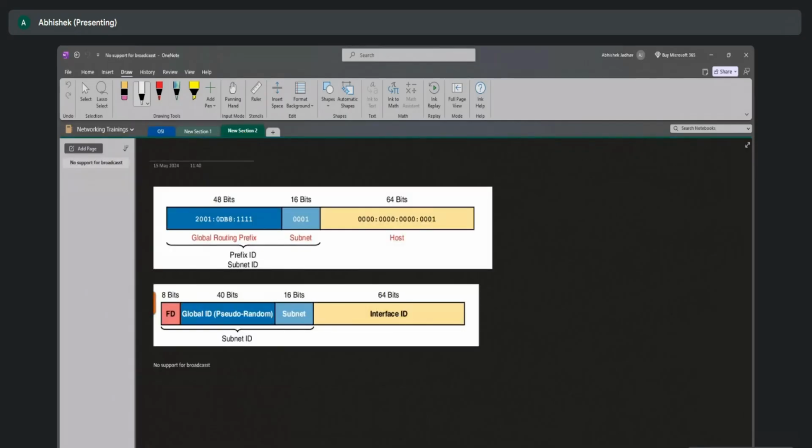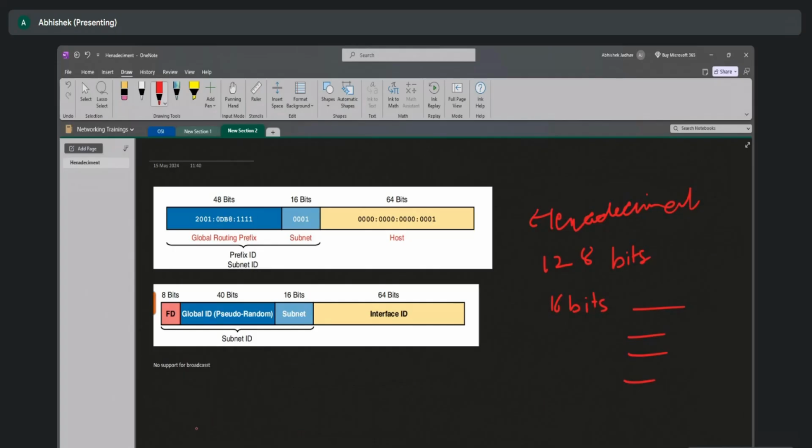So if you see this over here, IPv6 is in hexadecimal format, and it is divided into 128 bits, right? And 16 bits each octet. 16 bits of each octet is there, right?